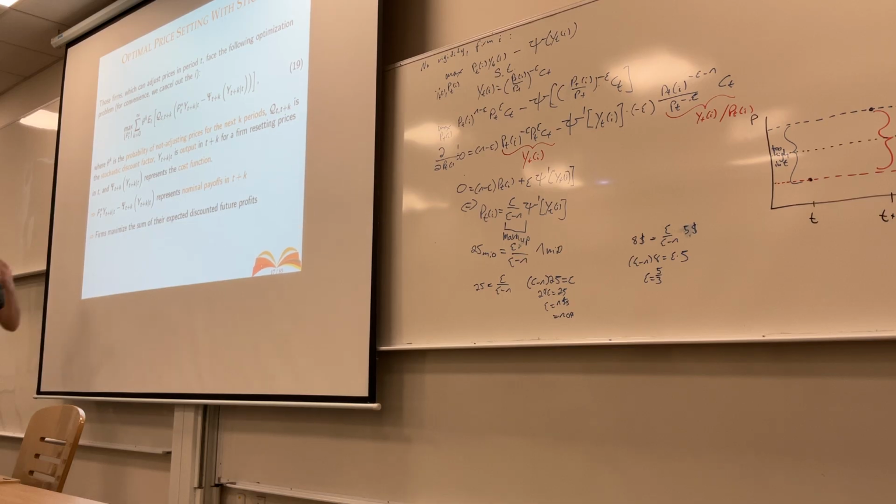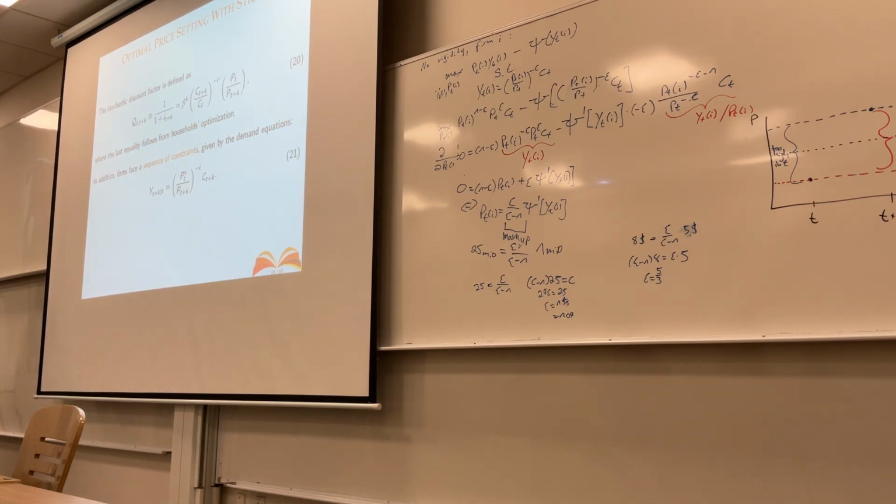So this sums up everything, and this 1 minus theta is what allows us to do this in essence, and to have the choice to solve this optimization problem. So if at any period k we are part of the 1 minus theta, we throw out this PT star, and we solve for PT plus k star. We re-optimize, we now choose the price in this new period. Does that make sense?